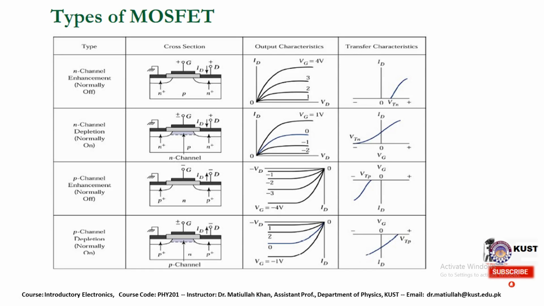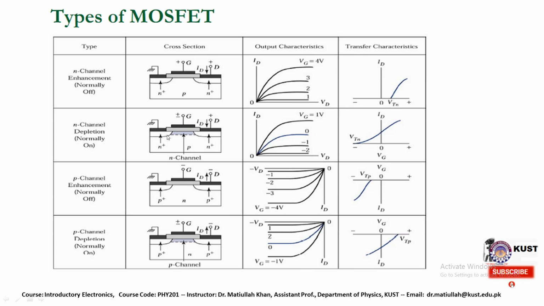We have different types of MOSFET that are used, and we have the n-channel enhancement mode MOSFET. This is the basic output characteristic between ID and VD, and this is the transfer characteristic for that.